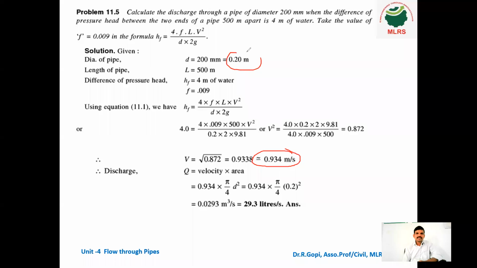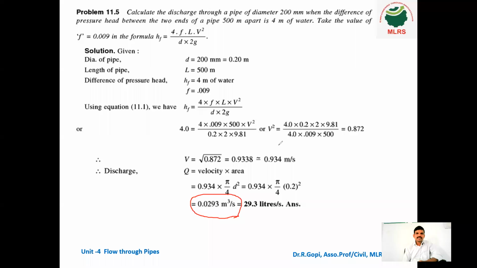D is given in the question, so substitute the values in this formula. Finally, we get an answer in terms of meter cube per second. The discharge unit is meter cube per second. So finally, we got 0.0293 meter cube per second.